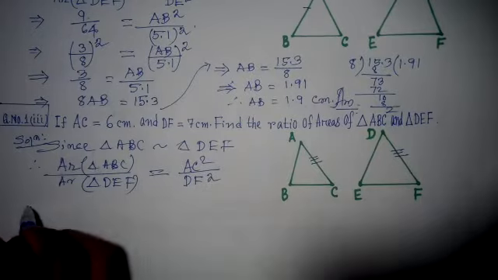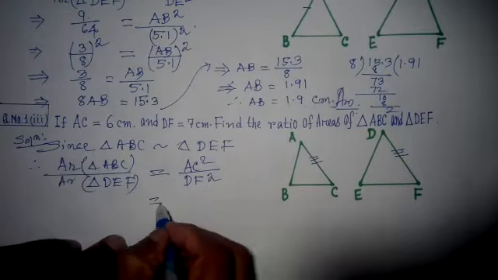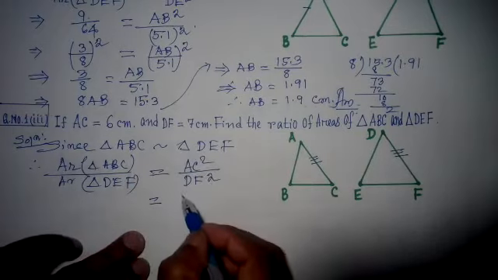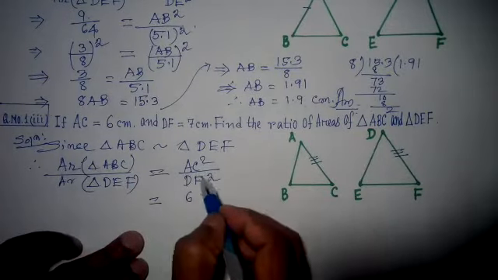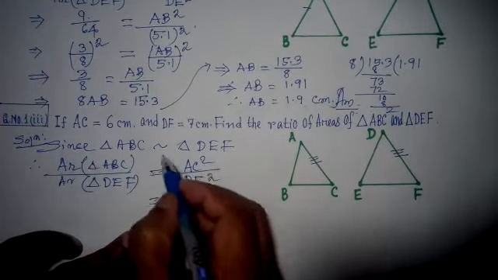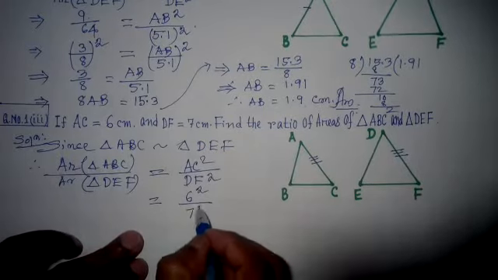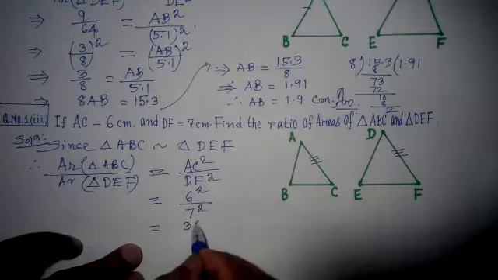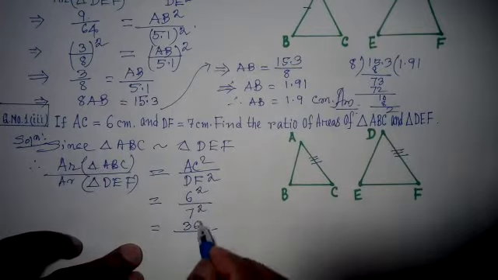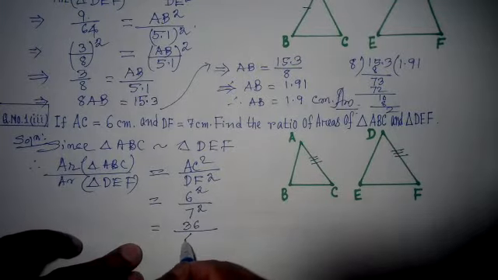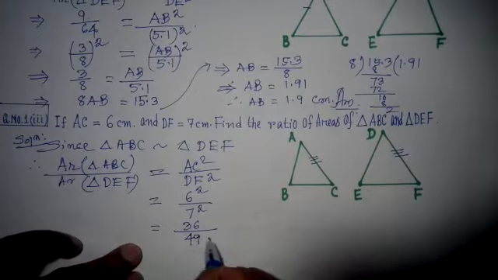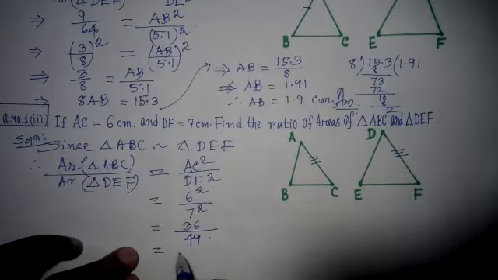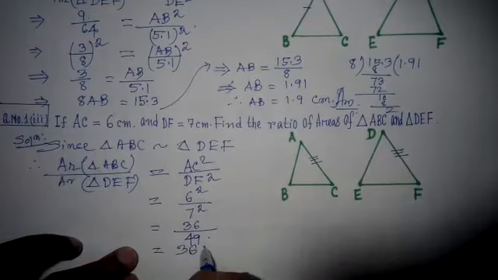So now, see, the value of AC is 6, put the value here squared, and DF is 7, give square. So 6 square is 6 into 6, 36, and 7 square is 7 into 7, 49. So if we write this in ratio, it is 36 ratio 49.